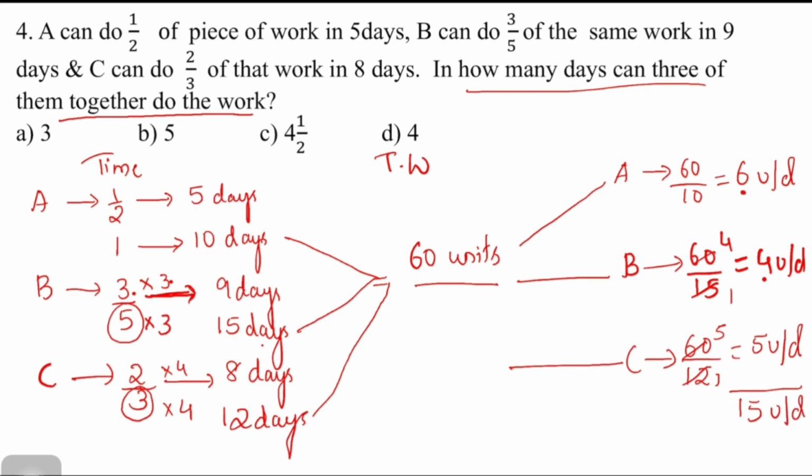So for 60 units of work, how many days will it take? Time is equal to total work divided by efficiency, that is all 3's efficiency, 15. 15 fours are 60. So all 3 of them together will take 4 days to complete the work.